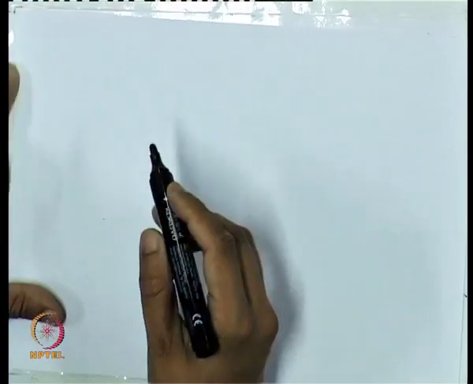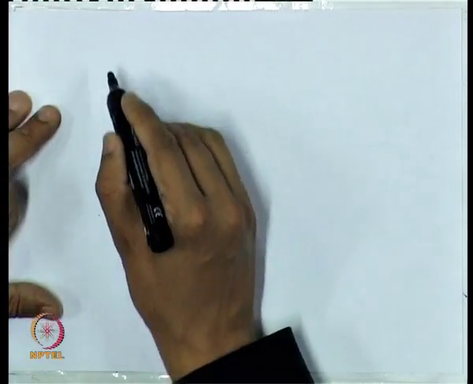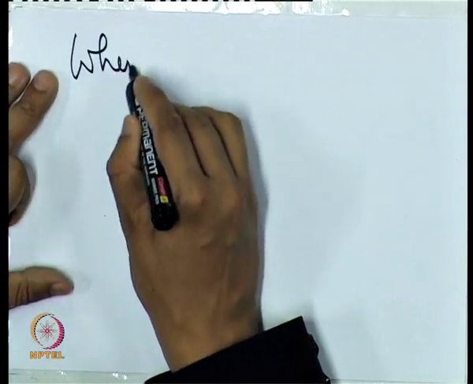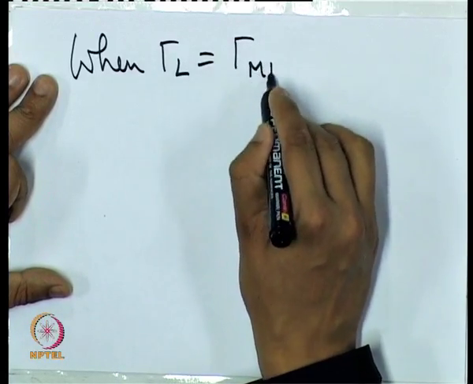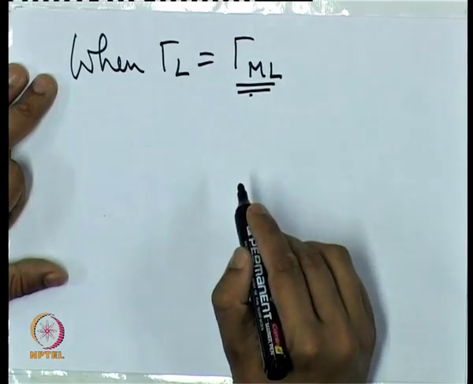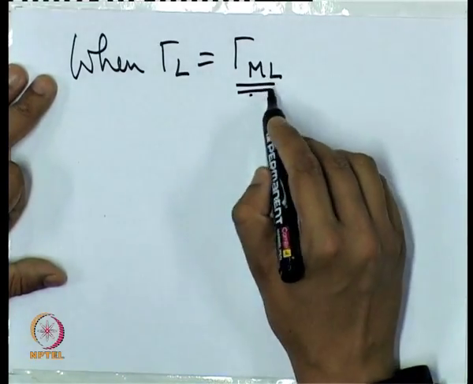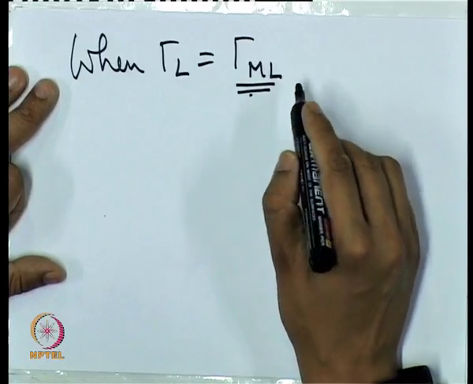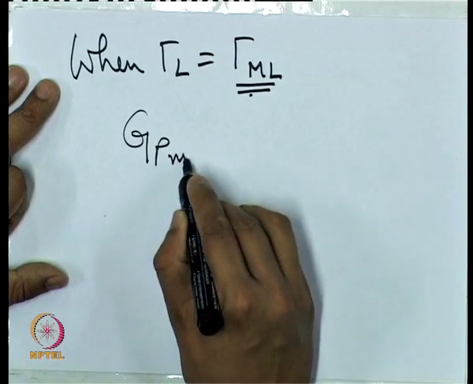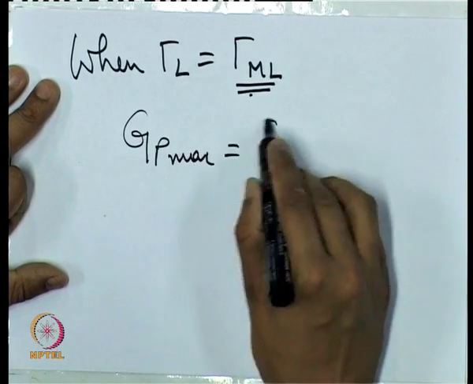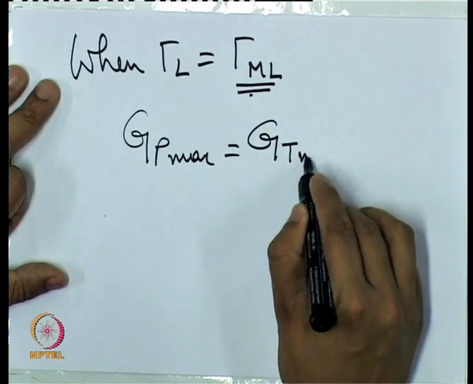The other thing is when gamma L is equal to gamma ml, this is the solution obtained for the bilateral case of the transducer power gain, then Gp max is equal to Gt max.